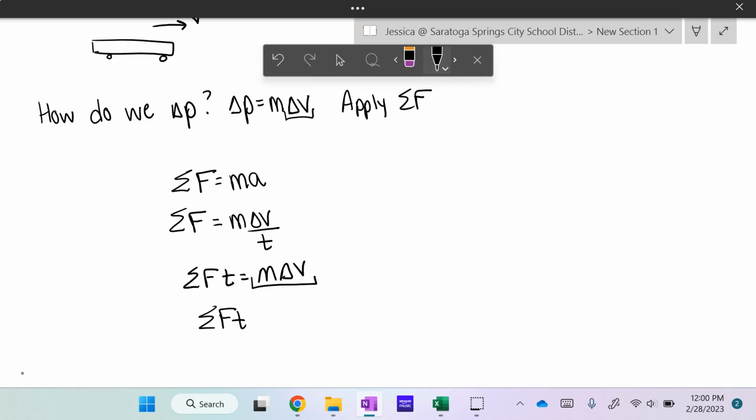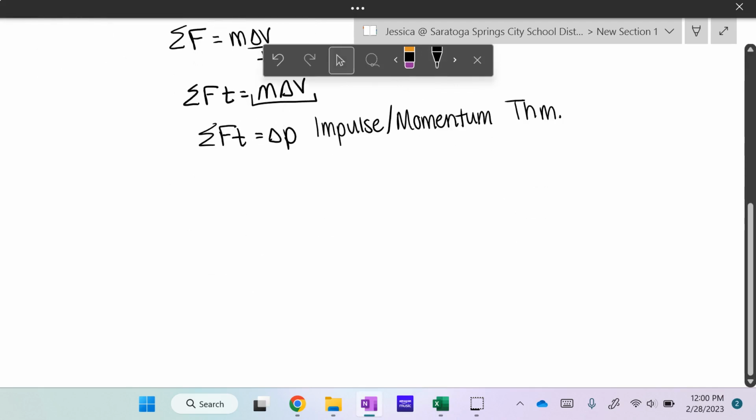So that tells me that the net force times the time the force is applied is going to give me my change in momentum. And this is considered to be the impulse momentum theorem. So if I want to change the momentum of an object, I apply a force for a specific amount of time.